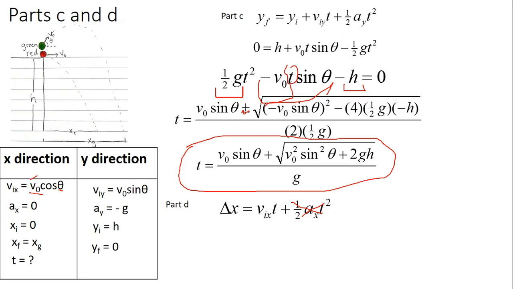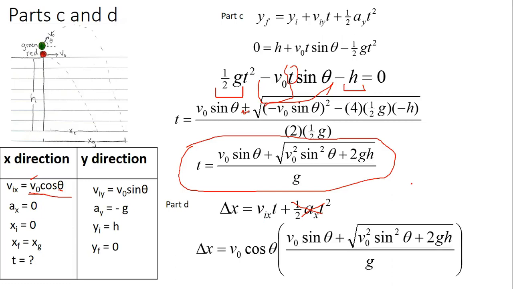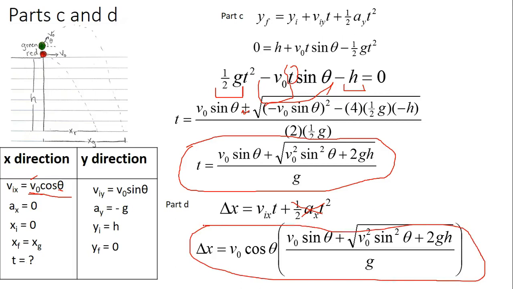Vix will be equal to v naught cosine theta, and then t we just get from part C. So it looks pretty messy, but this is what the final answer to part D turns out to be. All of this.